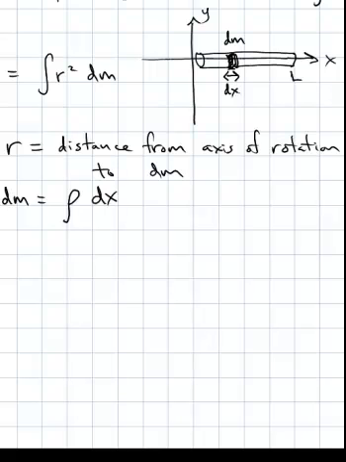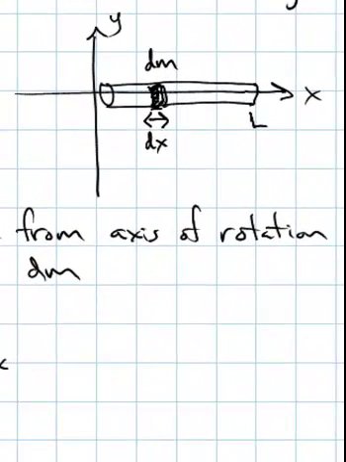And because it's uniform density, I can call that the mass over the length times dx. Okay, and what is r? R is the distance from the axis of rotation to dm, so that would be this distance here. And what is that in our coordinate system? That's just x.